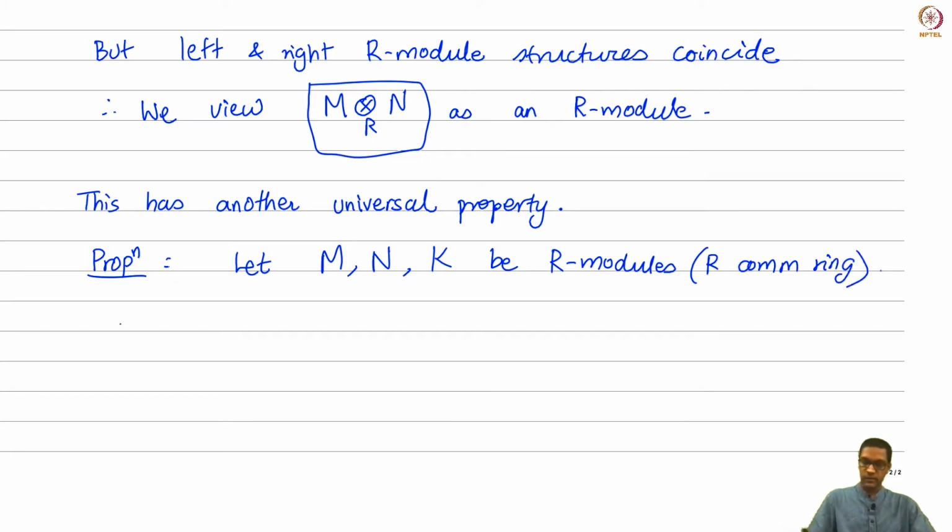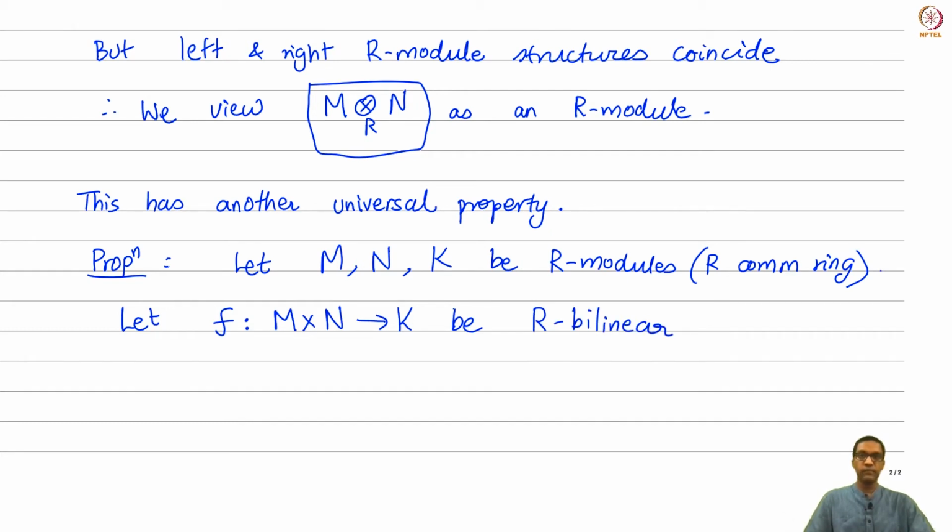And let f from M cross N to K be R bilinear. Now what does this notion of R bilinear mean? So we have only talked about so far of Z bilinearity and the notion of R balanced maps. This is sort of a little bit more than those notions. So what does R bilinear mean? I.e., you say f is Z bilinear.